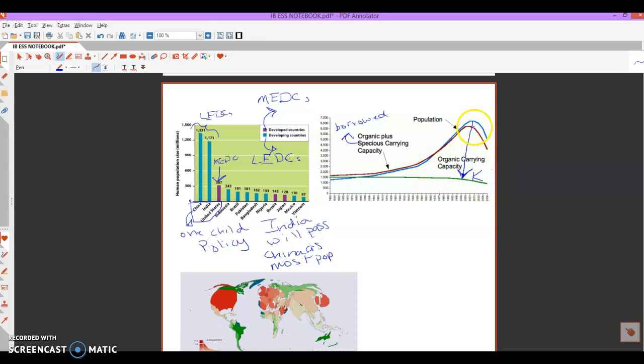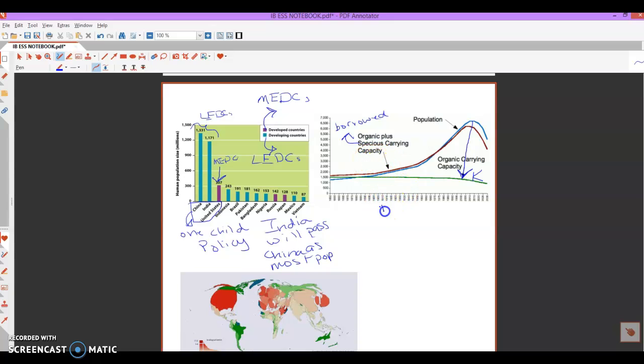We are way above it. Now, what this means, the organic plus spacious carrying capacity, is we're essentially borrowing things from the future. We're using things at a rate where we think that they're going to be replaced, or we're hoping they're going to be replaced in the future, but we don't know that for sure.